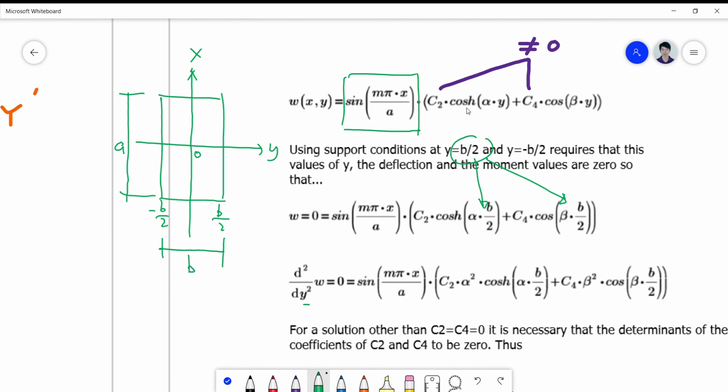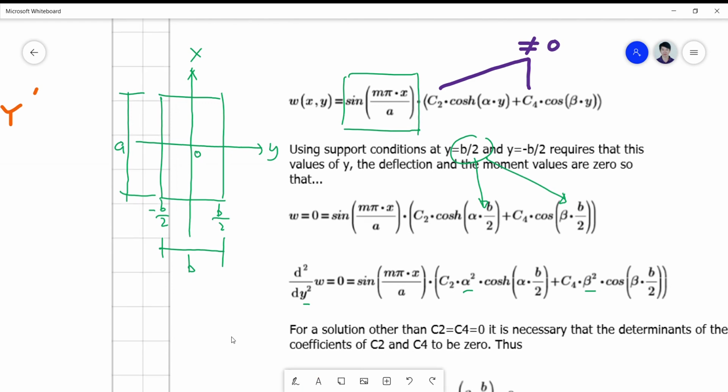So this now becomes the second derivative of a hyperbolic cosine and a trigonometric cosine, which are just the same. But of course you have to multiply it by the coefficient of the angle alpha twice. So alpha squared and beta squared will come in this equation.